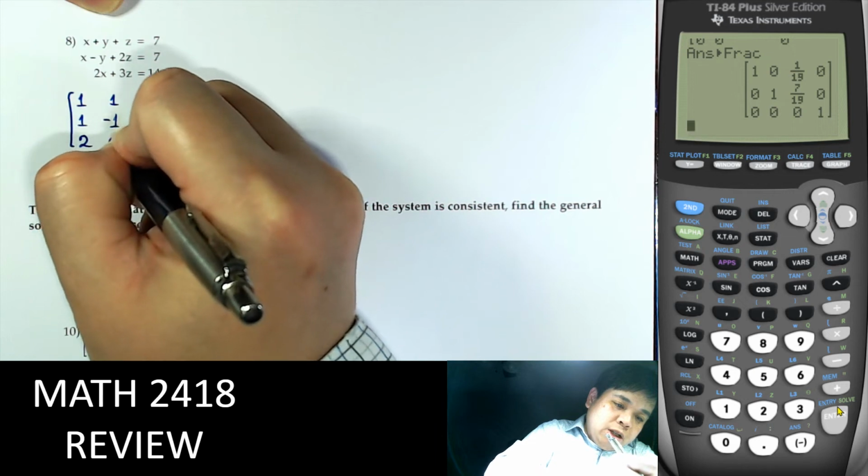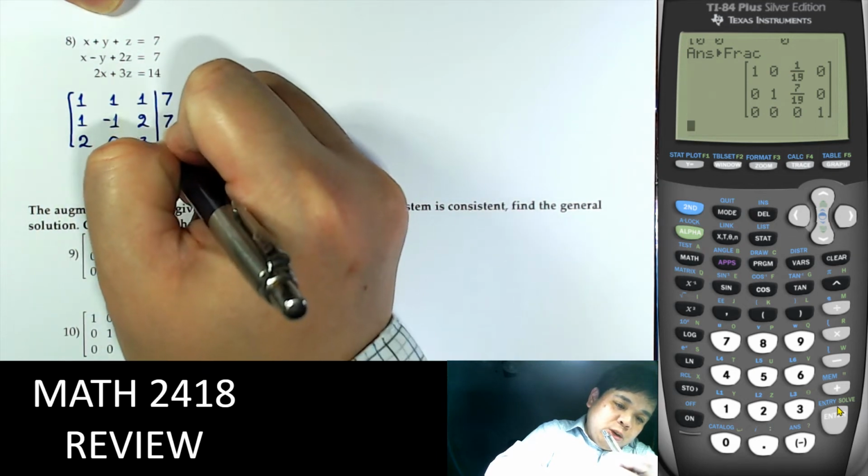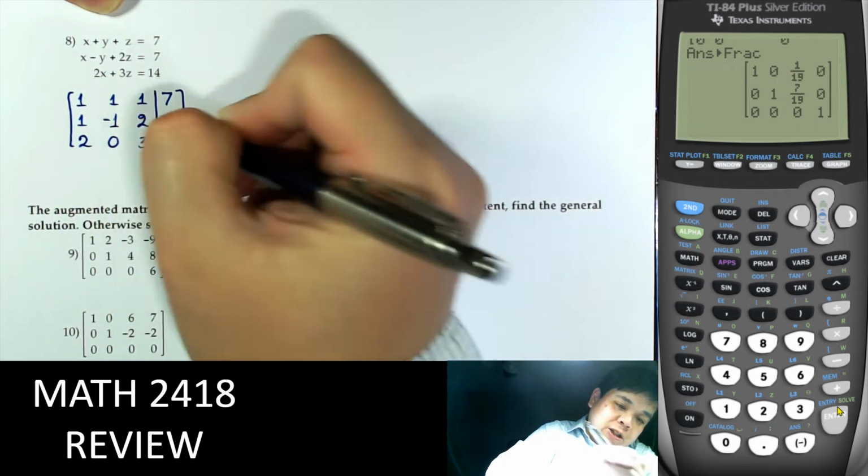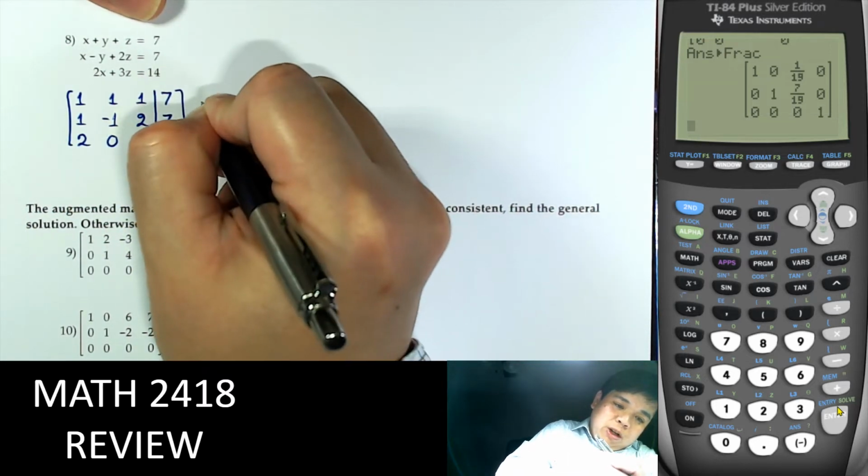2x, 0y, 3z equal to 14. Right. Reduce row echelon form.